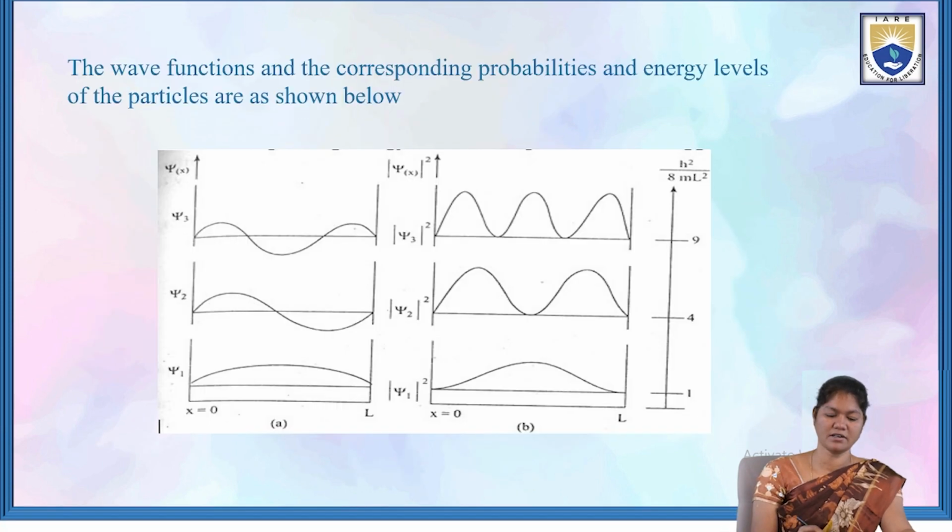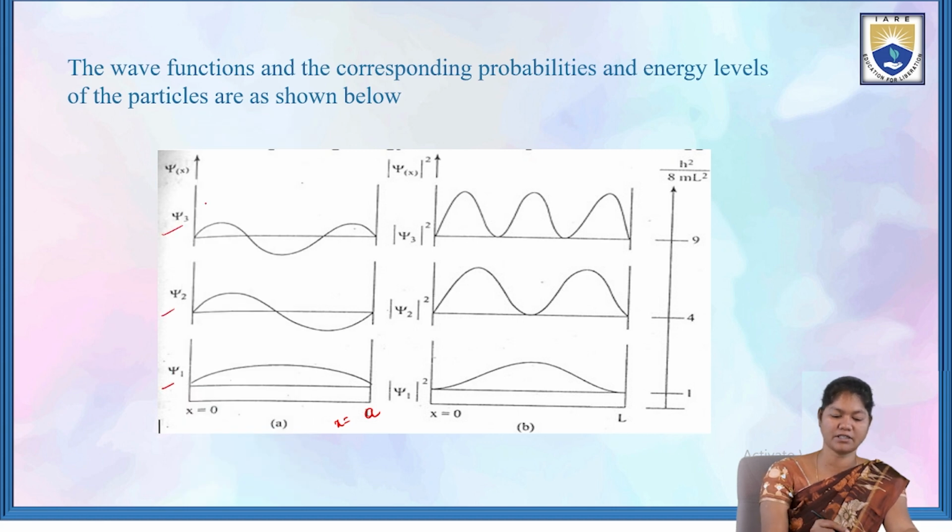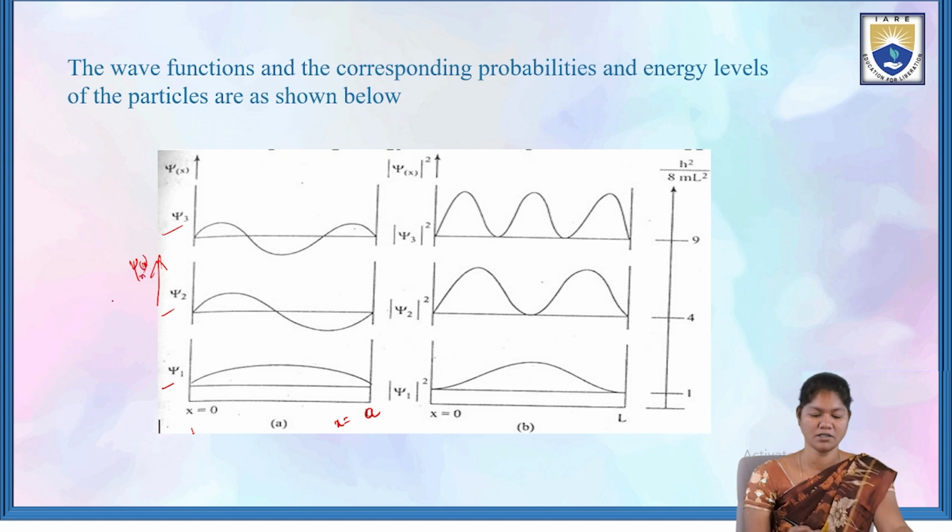So here is the potential box from x is equal to 0 to x is equal to a. These are the wave functions, psi 1, psi 2, psi 3, that is, psi n of x. Here we are getting the nodes.